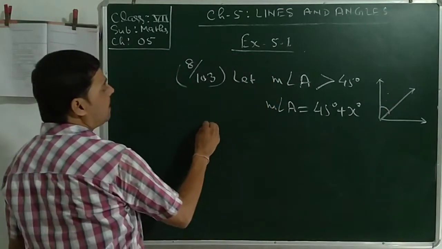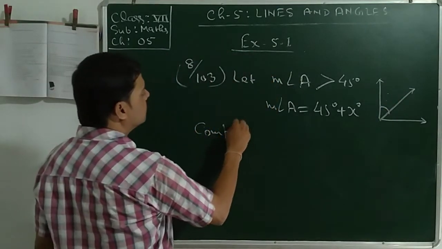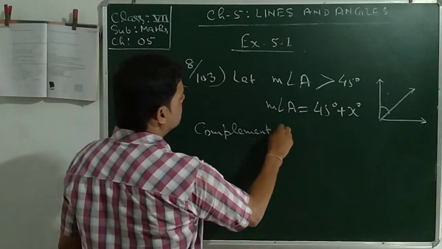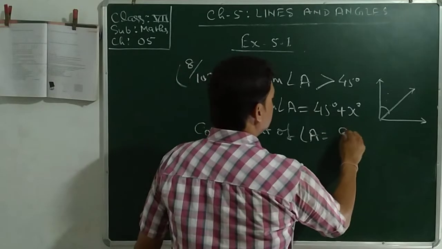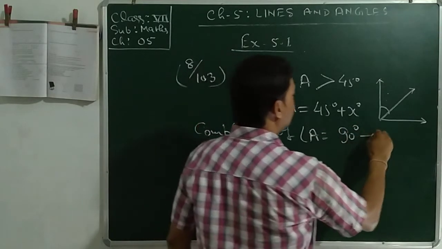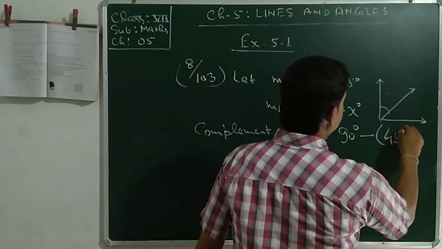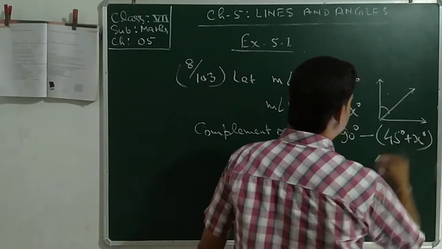Then the complement of angle A equals 90 degree minus 45 degree plus x degree.